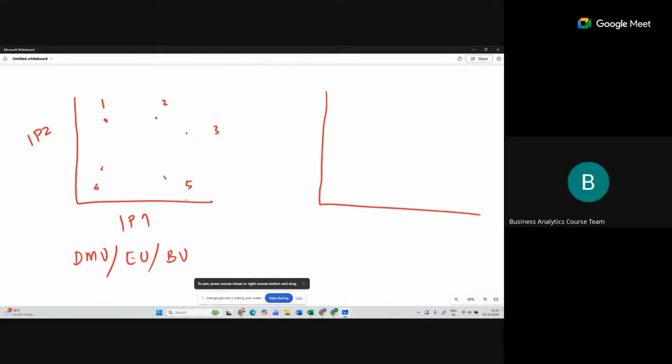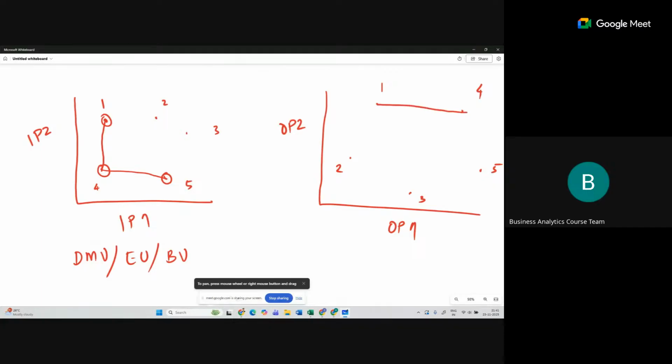Okay. So which units are efficient here? 1, 4, and 5. They lie on the envelopment. They are very efficient because they are using lesser inputs. Similarly, here, this is output 1, this is output 2. 1, 2, 3, 4, 5.